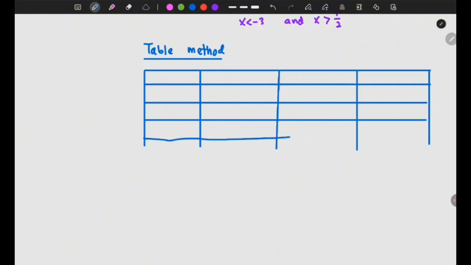Let me do the table first. Make sure my table looks nice.